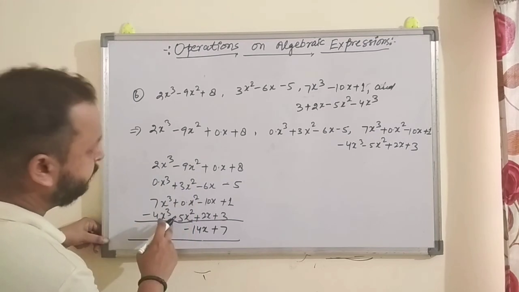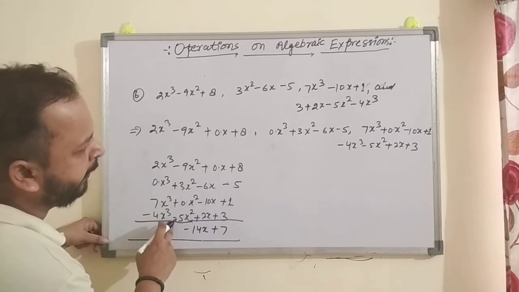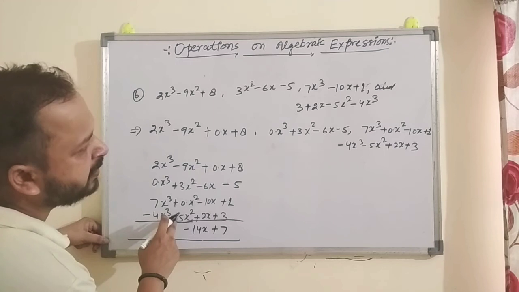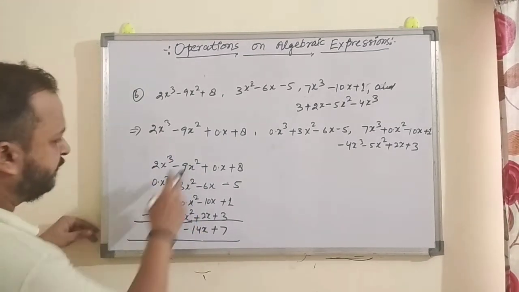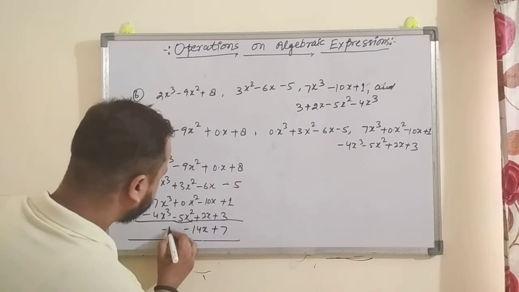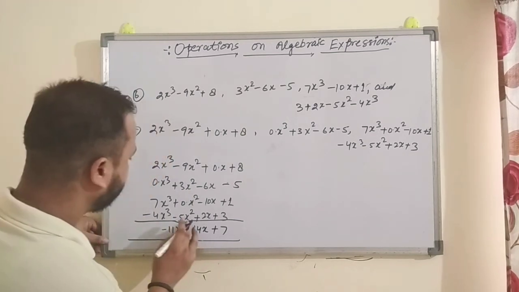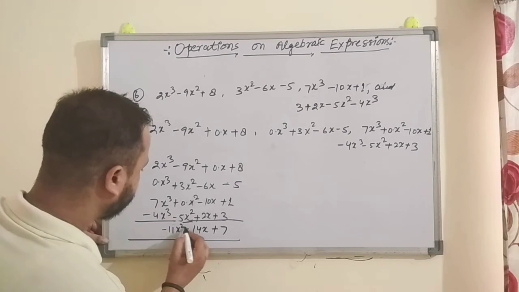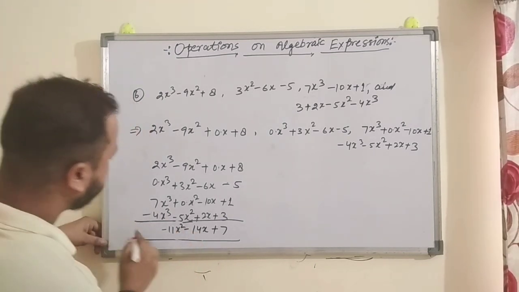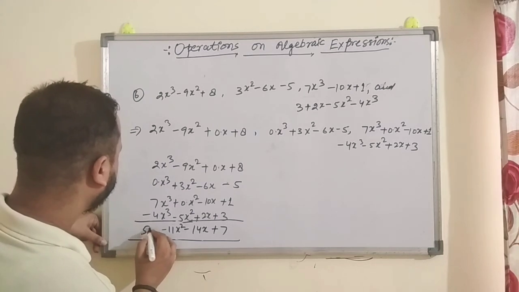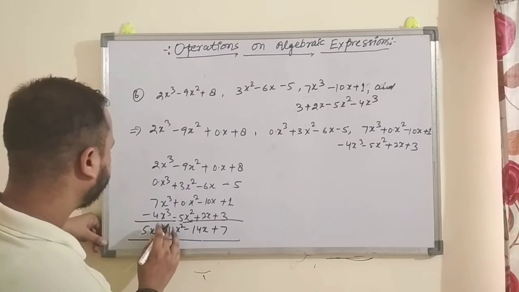So 9 plus 5, 14, right? Yes, 14 and 3, so minus 11x square, and here 2 and 7 is 9, 9 minus 4, 5, so 5x square.